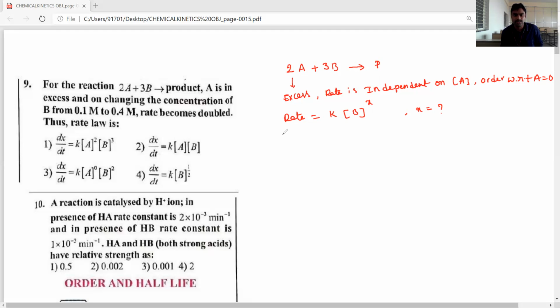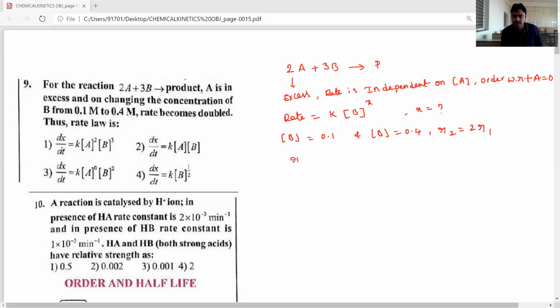See, the concentration of A is in excess. When the concentration of B is 0.1 and when the concentration of B is 0.4, at that case rate R2 is equal to 2R1. The rate becomes double. Then we have to find the x value.